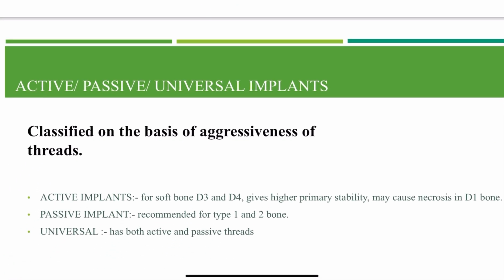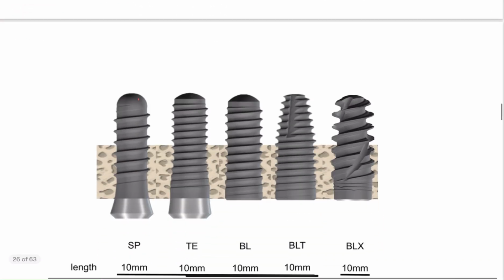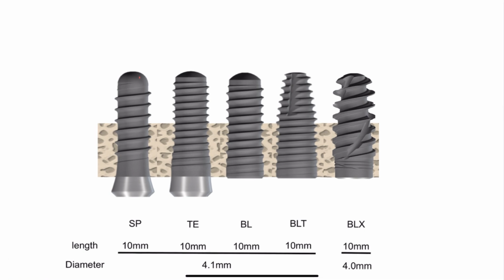Now we see the endosteal implants, how they are classified on the basis of the aggressiveness of the thread. So we have seen the form implants, they have threads in them. Based on how aggressive these threads are, they have been classified as active implants, passive implants, and universal implants. We'll see the diagram. The active implants have aggressive threads, so the depth of the thread is a lot more than the passive ones.